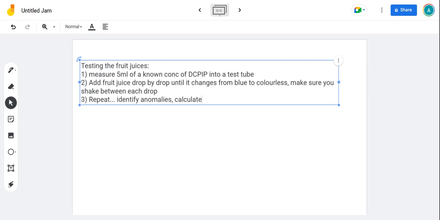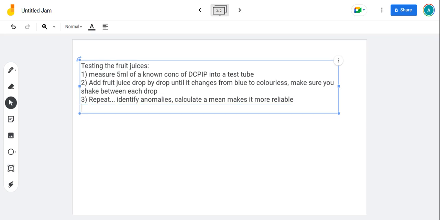Calculating. Don't include your anomalies, obviously, when you calculate your mean. That makes it more reliable. And then you need to look up your results on your calibration curve.